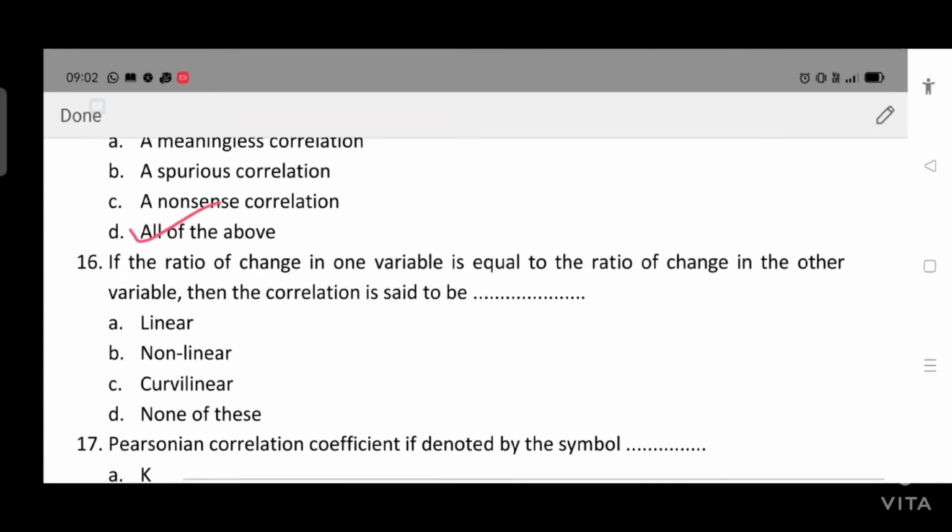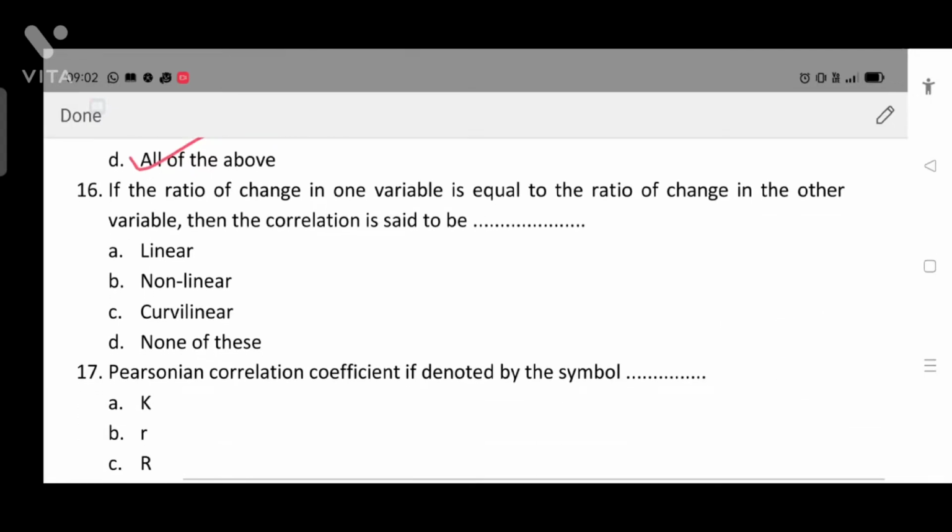Question 16. If the ratio of change in one variable is equal to the ratio of change in the other variable, then the correlation is said to be. What is the answer? A, B, C, D. Answer is A. It is called linear.